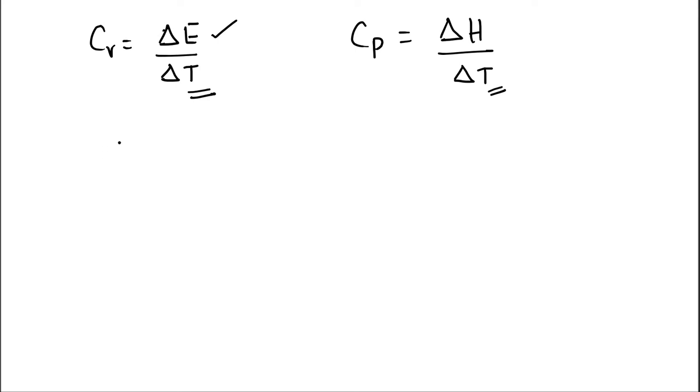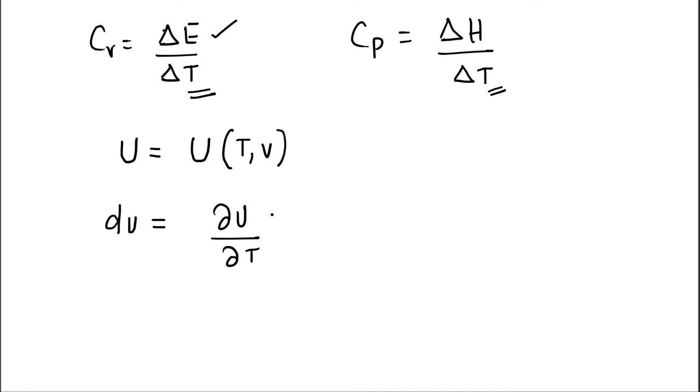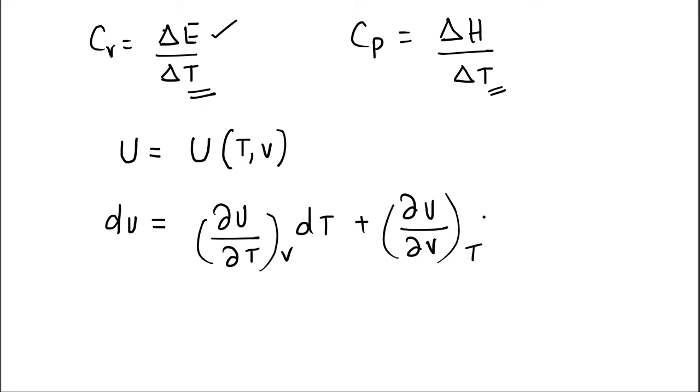Okay, let's take internal energy as a function of temperature and volume. Pressure and volume have a relationship, therefore it exclusively depends on temperature and volume. Therefore if we take the exact differential for this, it is going to be dou U over dou T at constant volume times dT plus dou U over dou V at constant temperature times dV.